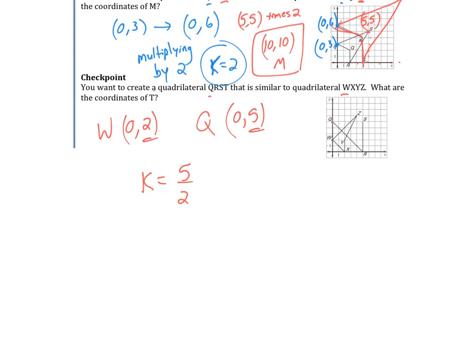And we want to find out what the coordinates of T are. T matches up with Z. So find the coordinates of Z. Z is right here: 1, 2, 3, 4 across and 1, 2, 3, 4, 5, 6 up. So Z is at 4, 6.